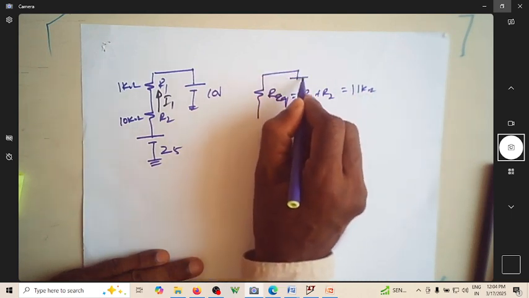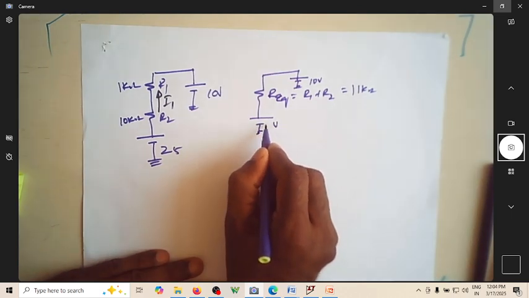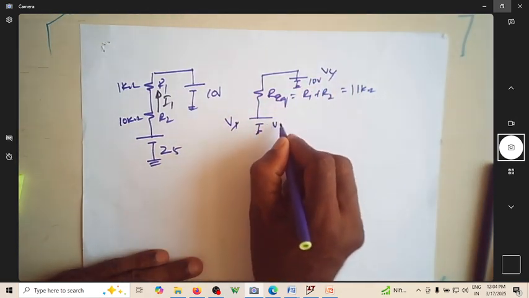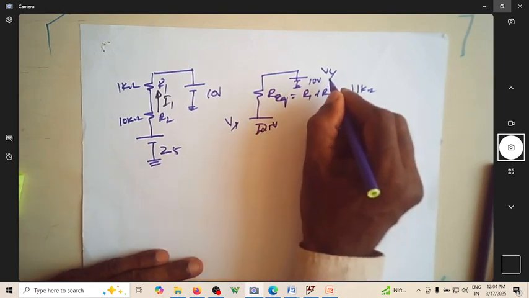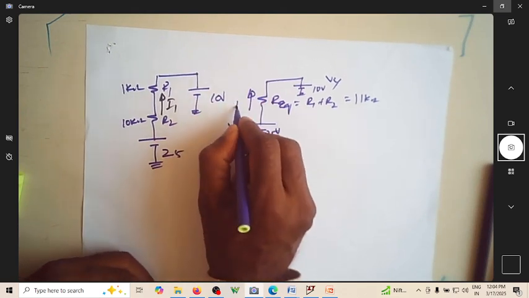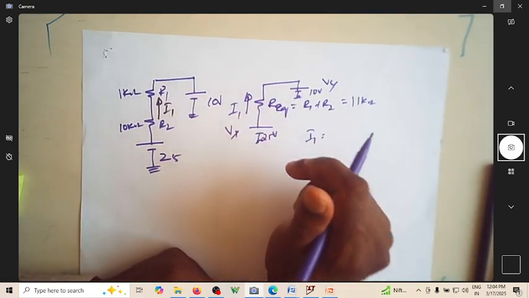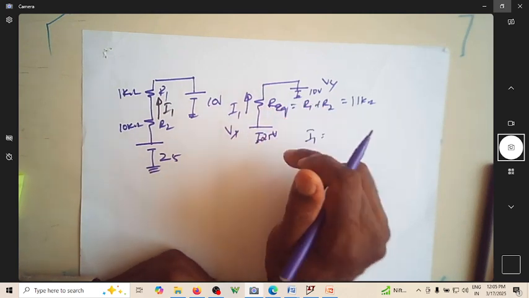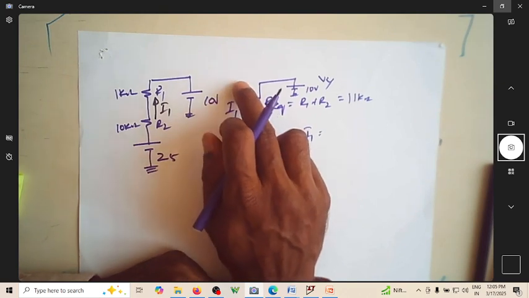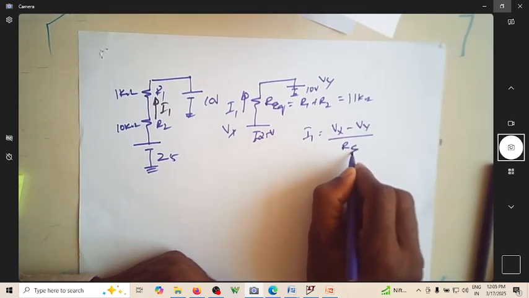At this point you have 10 volt, and at this point let me name them Vx and Vy. So Vx is 25 volt and Vy is 10 volt. Looking at the current I1, I1 is the potential difference across the resistor divided by the resistance. You consider the higher potential and lower potential, so it is Vx minus Vy by R equivalent.